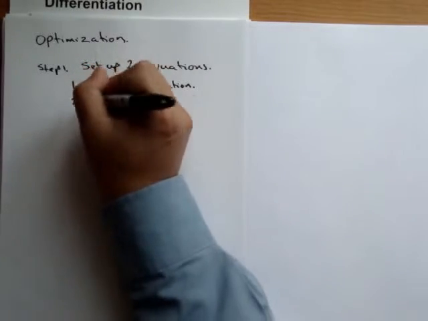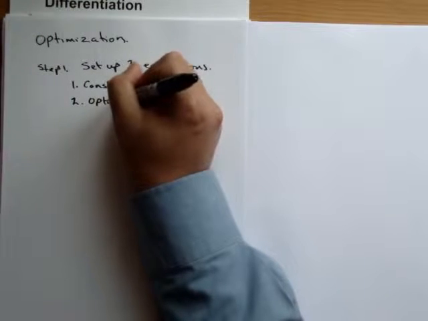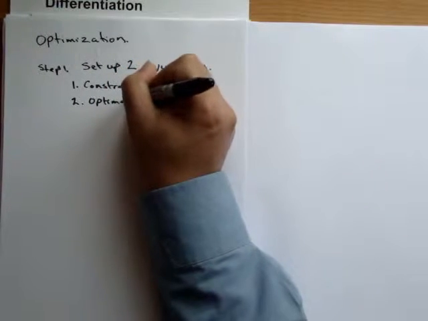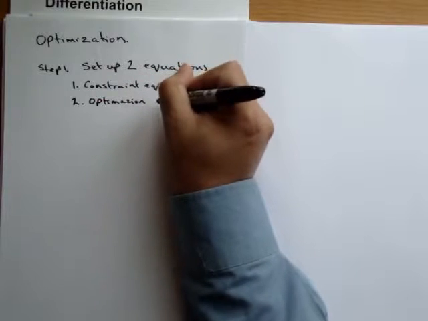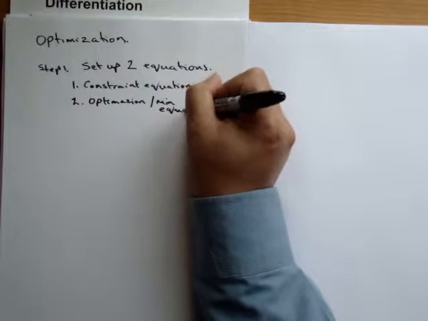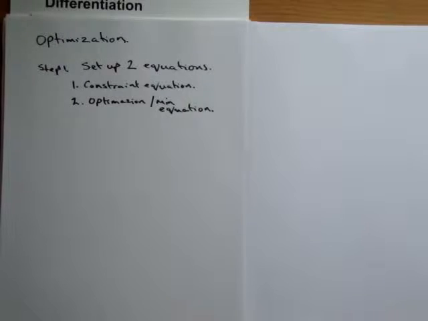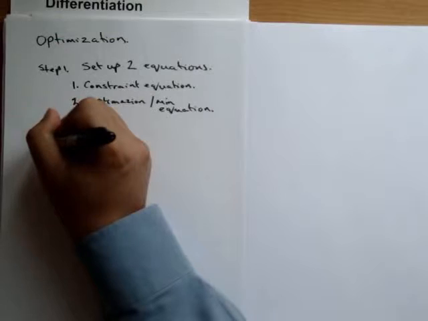And the second equation is usually the optimization or minimization equation. And this is usually like a sum of all the surface areas, or a sum of all the sides to make a length, or something like that. And now what we do is step 2.